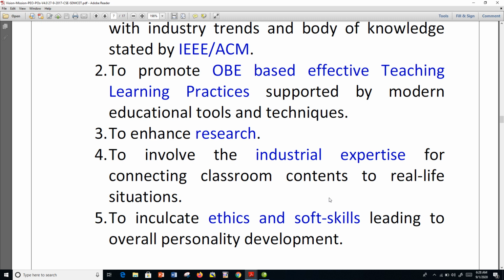There are many aspects of professional ethics which you need to learn so that your placement preparation becomes much more comfortable. Soft skills are the most important thing. Focus more on communication skills. The more clearly you present your ideas and convince the others, the better you are. As a part of placement preparation, group discussion becomes one of the important things, and personal interview. So how do you prepare for all these things?